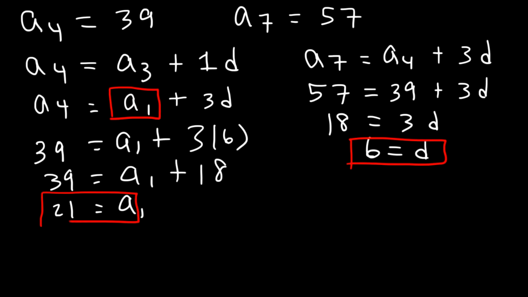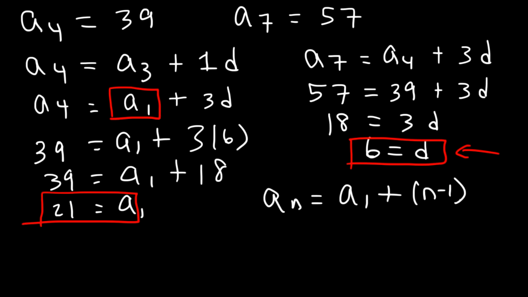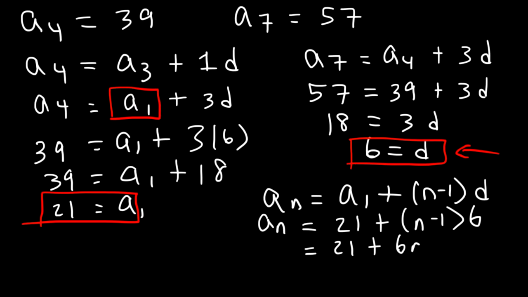Now that we have the first term and the common difference, we can write the formula. So it's a of n is equal to a of 1 plus n minus 1 times d. So a of 1 is 21, d is 6. So let's distribute 6. So it's 6n minus 6, and 21 minus 6 is 15.